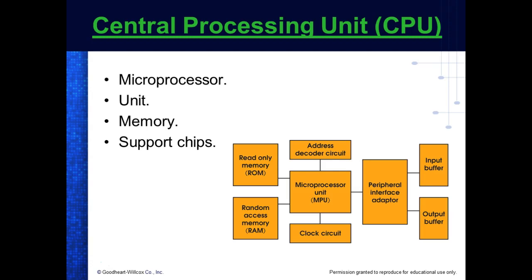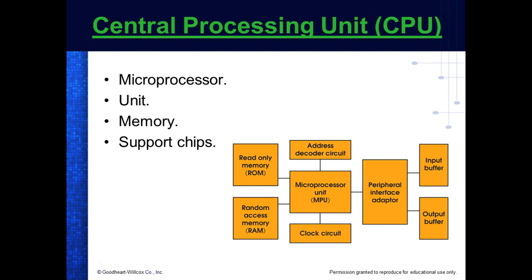We can send it asynchronously, which would be untimed, or we can send it synchronously, which would be timed. Synchronous is so much faster, but it's a lot more expensive. So most of our communication outside of the computer is asynchronous, like Ethernet and USB, because it takes a lot fewer conductors and interfacing to do that, right?